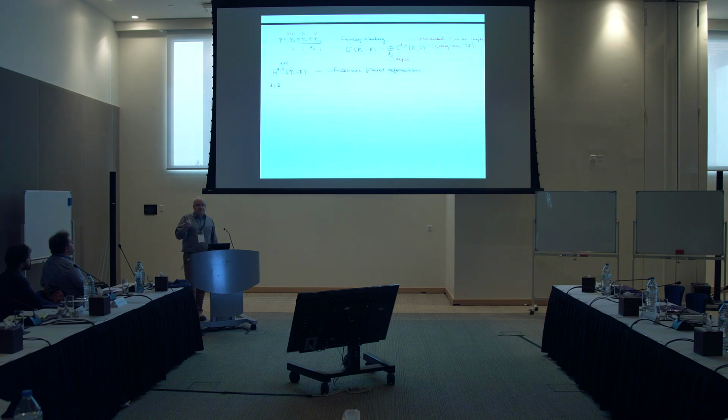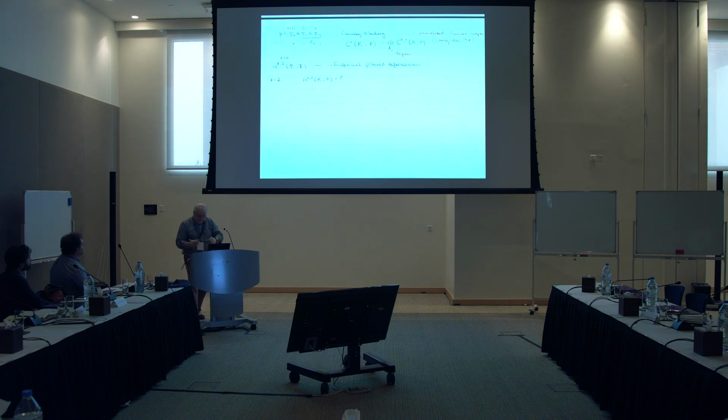So I want positive degree, but it has to be even because I want to preserve the parity. So D is equal to 2. And let me compute H^{2,2}. So what is that? I'm not going to do the calculation for you, but I'm going to at least give you an idea what this complex looks like and then tell you what the answer is.